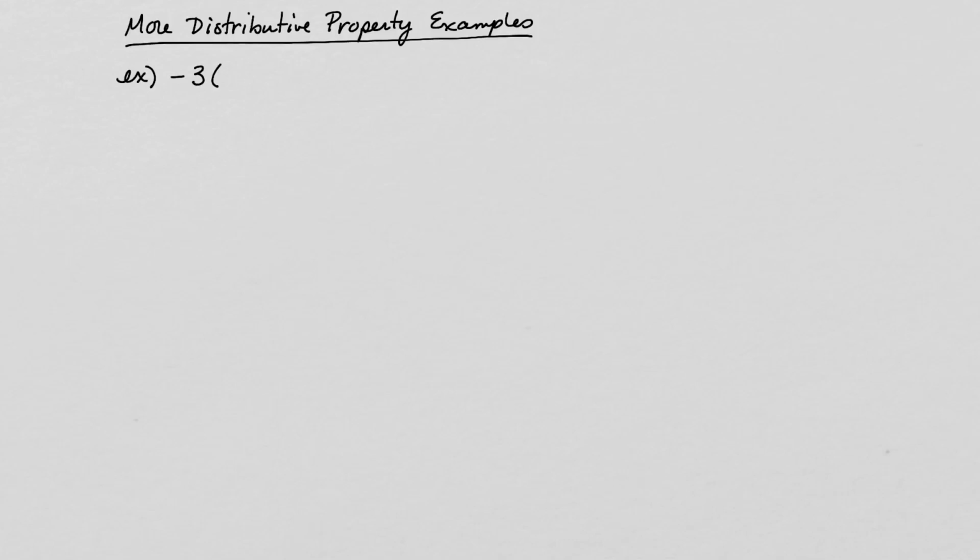Last time we did some pretty basic ones where there were just two terms, but here you can have more than two terms. So maybe I have something like this, -3 times, inside the parentheses, x minus 3y plus 4. So I have here addition and subtraction signs. And out here, this -3 is going to go to each of these pieces.